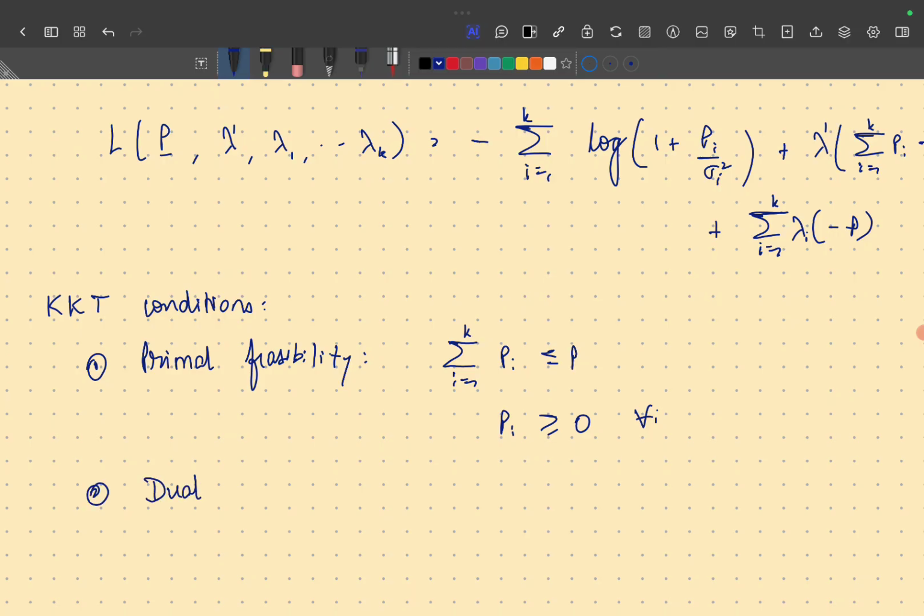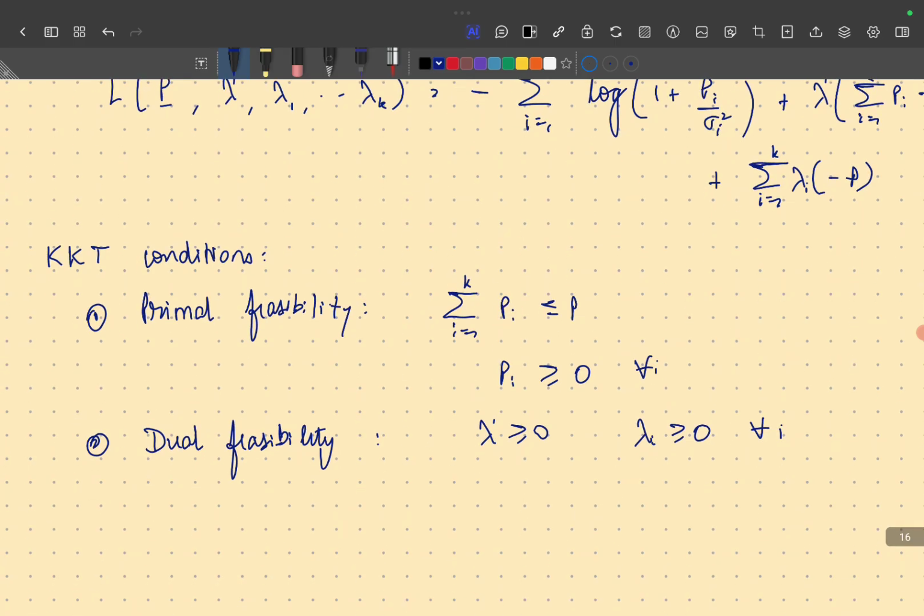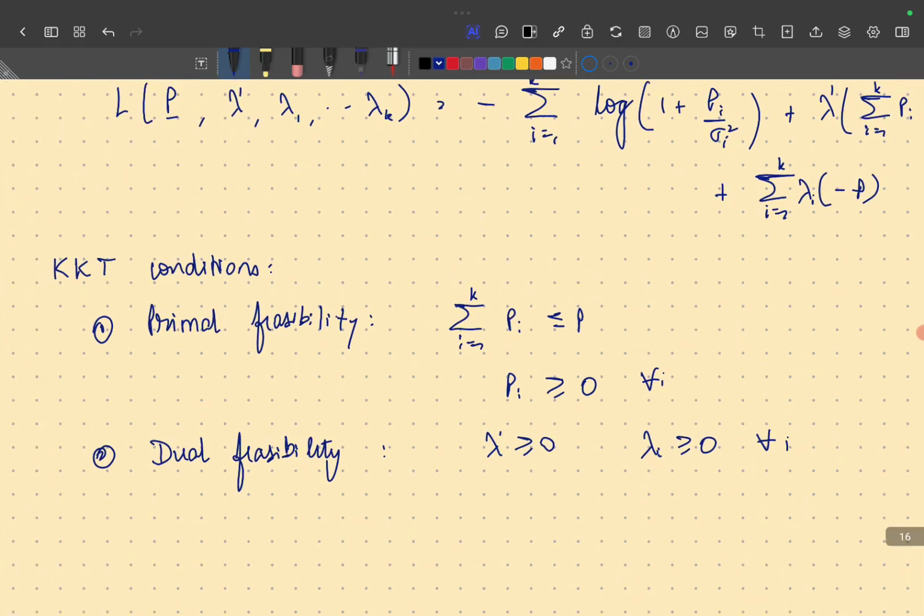The second is dual feasibility, which is that this lambda prime should be greater than or equal to 0 and lambda_i should be greater than or equal to 0 for all i. Again, straightforward, nothing interesting here. But we still want to keep this on one side because we'll be using these later on.